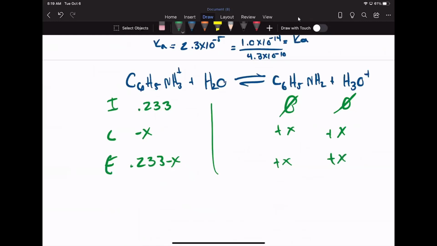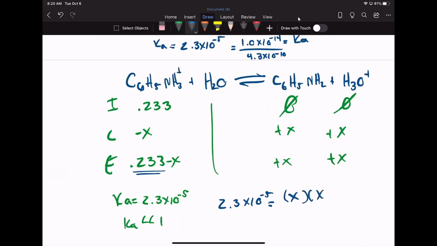My Ka is equal to 2.3 times 10 to the minus 5, and my Ka is a lot less than 1, so I'm just going to make an assumption here and just use 0.233 minus x. So we can say 2.3 times 10 to the minus 5 is equal to x times x over 0.233.